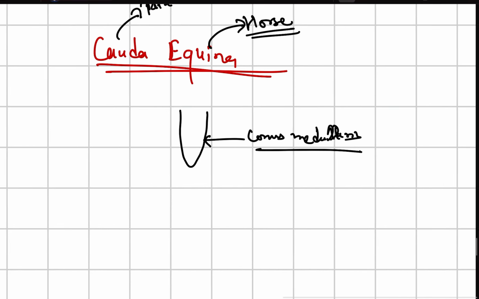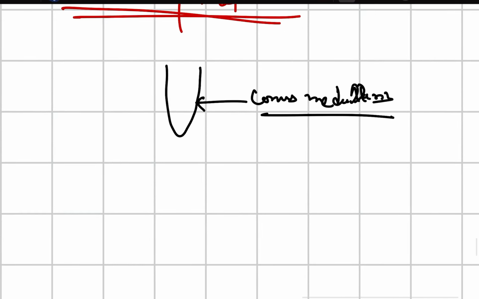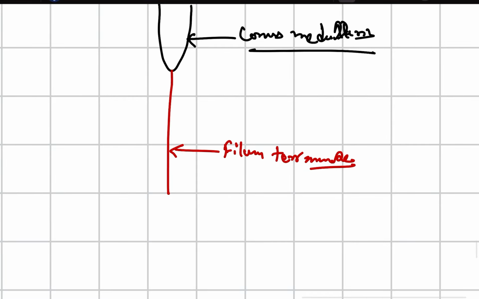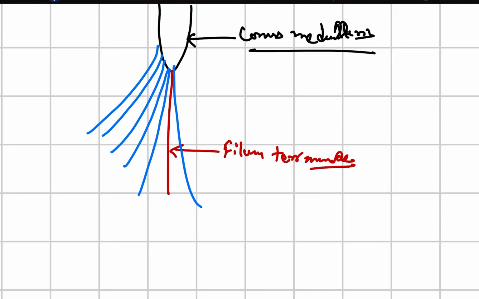From the conus medullaris there is the filum terminale, it is called filum terminale, and after that there is the coccygeal root nerve. Then there are S5, S4, S2, S3.